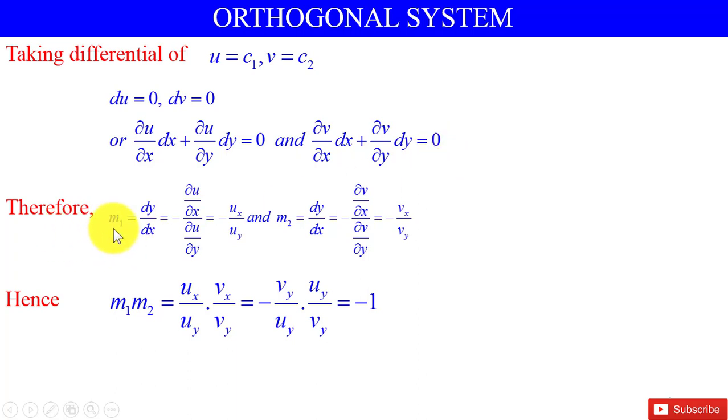Therefore, m1 = dy/dx. From this expression, m1 = dy/dx = -(∂u/∂x)/(∂u/∂y) = -ux/uy. And from the second equation, m2 = dy/dx = -(∂v/∂x)/(∂v/∂y) = -vx/vy.